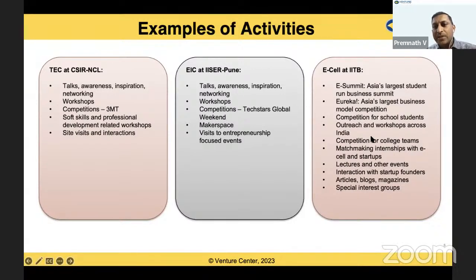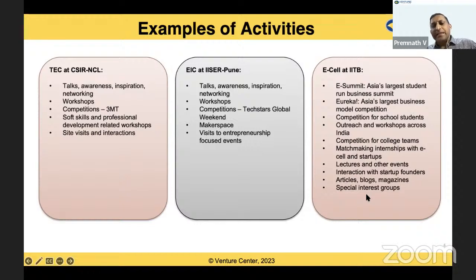And there are also other things they do, like competitions for school students, competitions for college teams, outreach and workshops across India, matchmaking, internships with eCell and startups. That means young interns wanting to work with eCell and the startups. Lectures and other events, interaction with startup founders, articles, blogs, magazines, and sometimes some special interest groups.